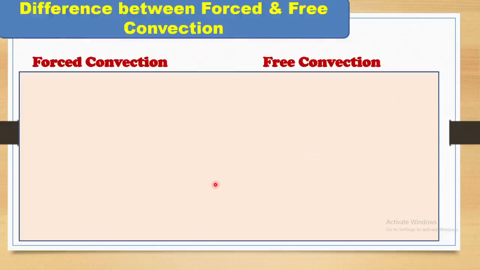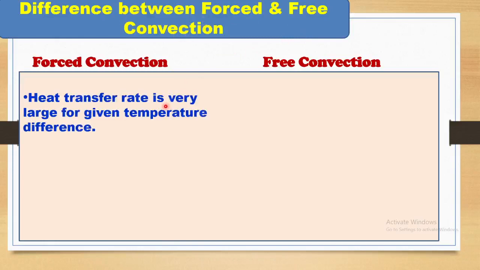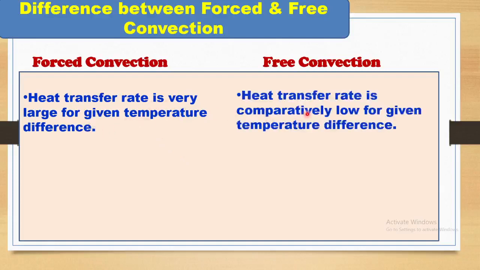We have already discussed the heat transfer by forced convection. So let us try to find out the difference between forced and free convection. In forced convection, heat transfer rate is very large for a given temperature difference, whereas in free convection, heat transfer rate is comparatively low for a given temperature difference.